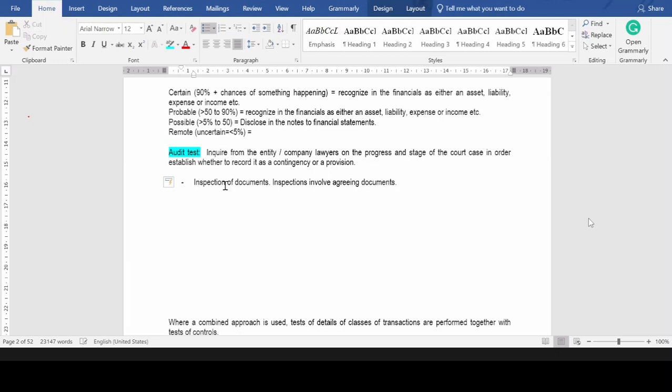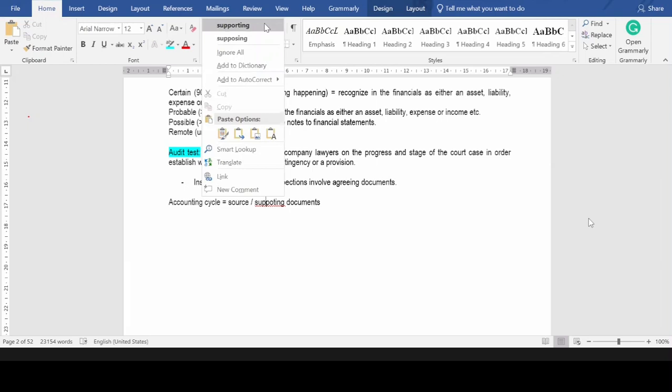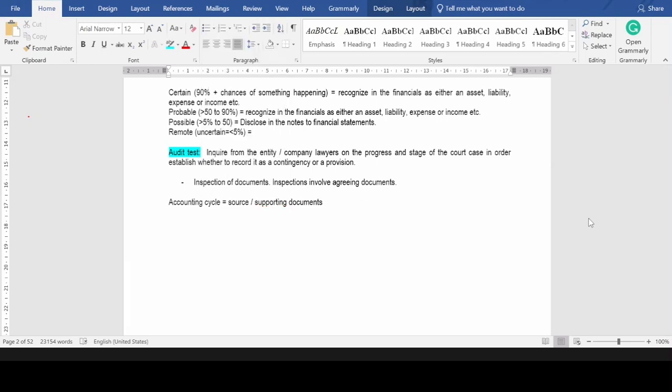You are agreeing documents. You know, remember the accounting cycle? We have source documents or supporting documents. These ones feed into accounting records, that's in the journals and the ledgers.